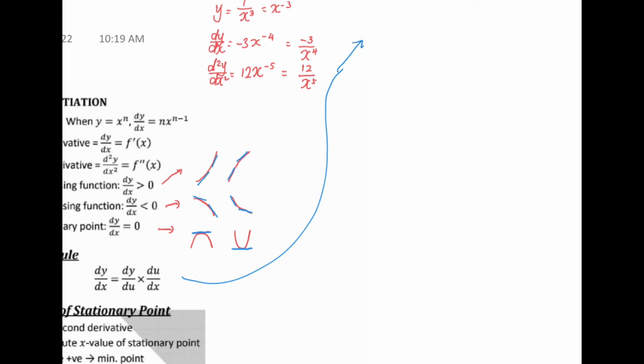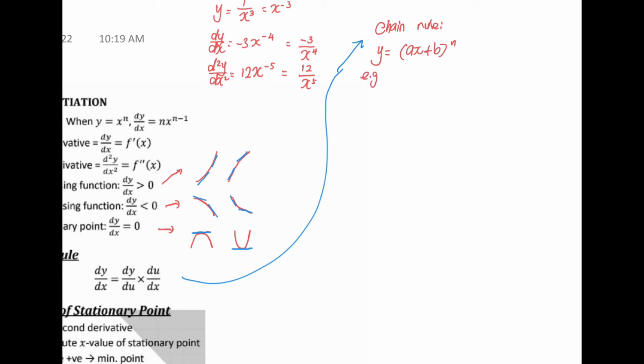Let's say I have y equals (ax plus b) to the power of n. If you have the differentiation of these, you can use chain rule as one of the options.